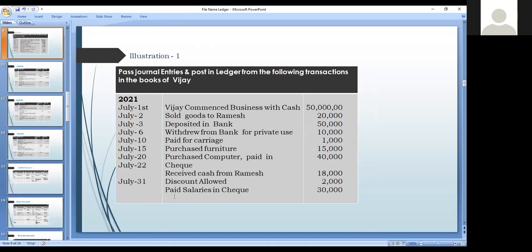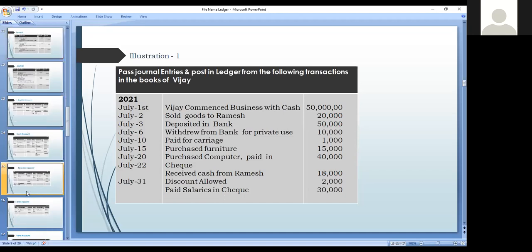Then the last entry: paid salaries through check. The journal entry for this is salaries account debit to bank. Salaries fall in a nominal account, it's an expense, and we paid through check, so bank will come into the account. The entry is salary account debit 30,000 to bank account.